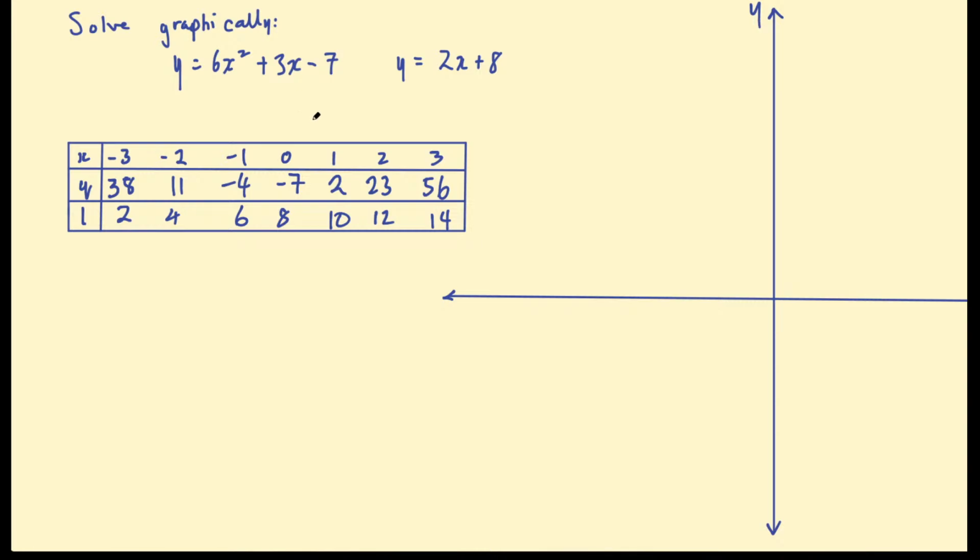Okay, so where are they going to intersect? Somewhere in here, right? Anyways, so we need to go up to, let's go up to 40 somehow on the y-axis. So 40, 30, 20, 10.